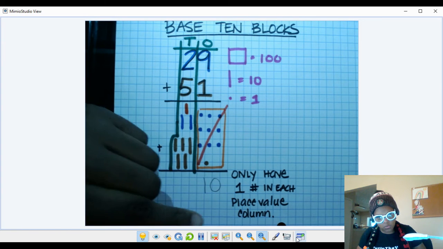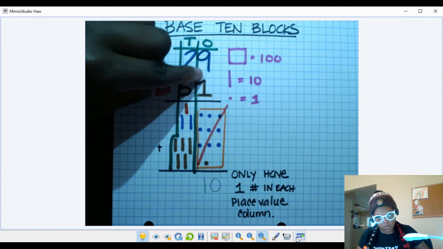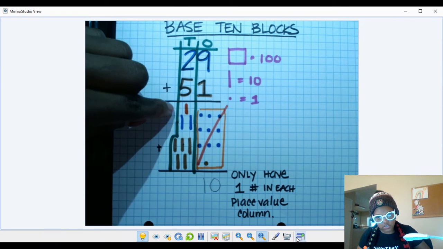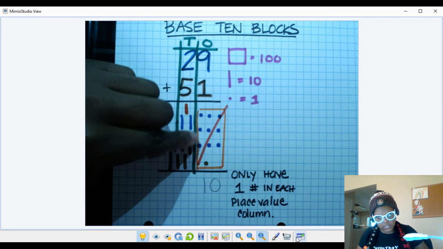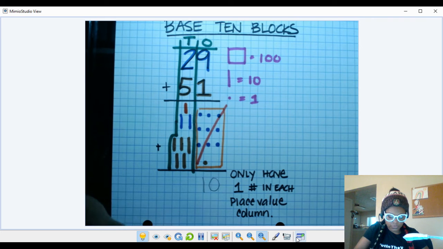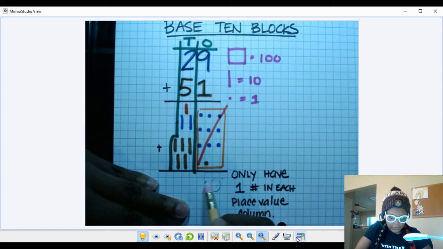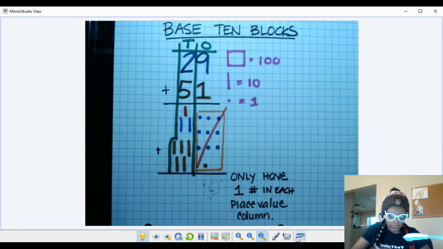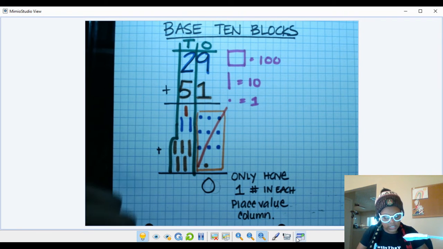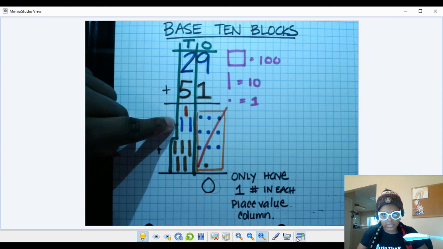Do we have any ones left in our ones column? No, because we exchanged it. So this column is 0, because the 1 has moved to this column and become a 10.